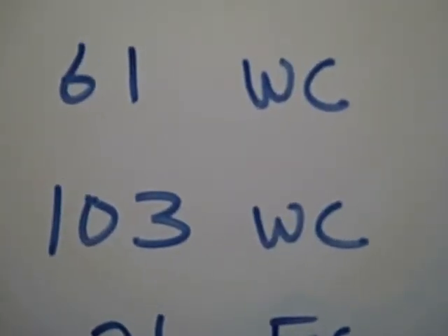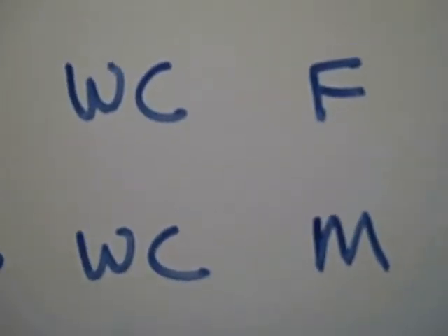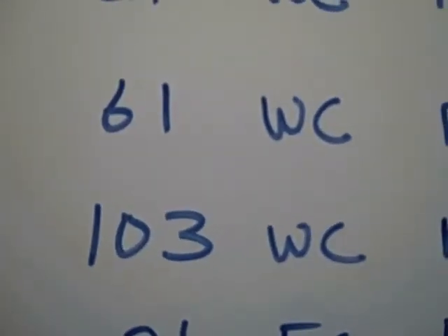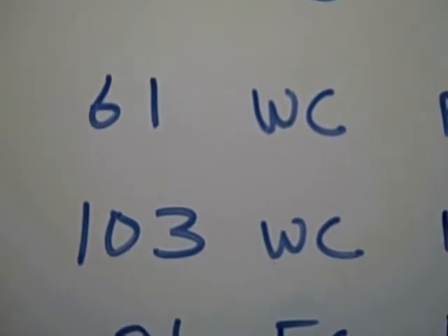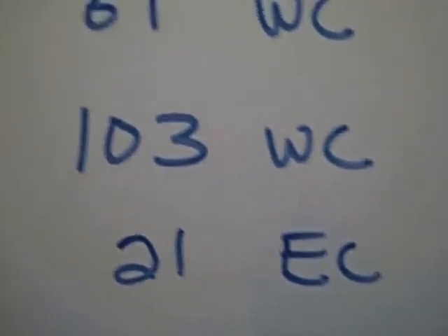Then we went 103-year-old West Coast, we went back to male. Okay, so West Coast male is covered, 103-year-old male is covered, 61-year-old female is covered, 21-year-old male is covered.